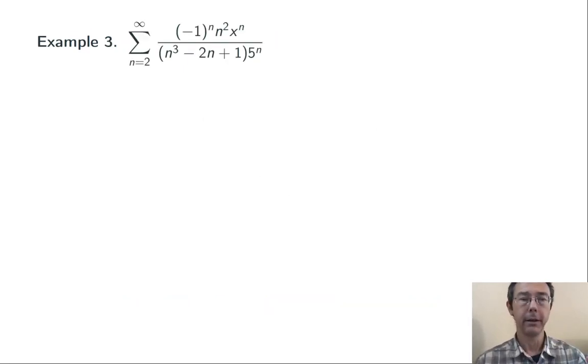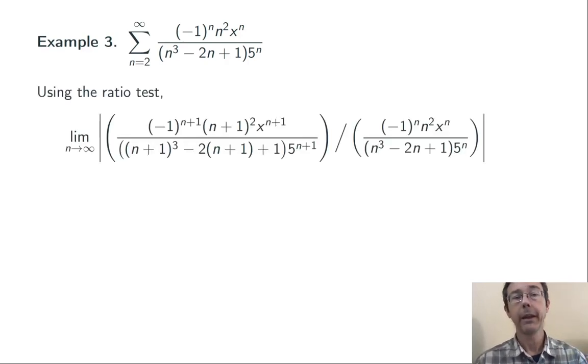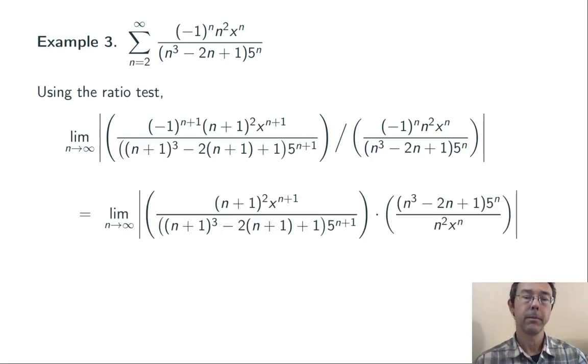Let's do a more complicated example. Sum from n equals 2 to infinity of this big mess. Again, we do a ratio test, plug in n plus 1, divide by the general term a_n, take absolute values and let the limit go to infinity, n go to infinity. Right away, the factors of negative 1 are going to go away. They're going to get killed by the absolute value.